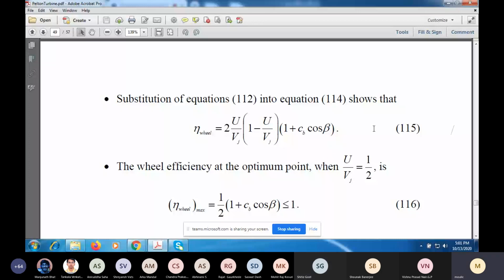The efficiency is 0 when u by Vj is 0 and when u by Vj is 1. So if I plot eta wheel versus u by Vj, it will increase from 0 and come back to 0. And there will be a peak at u by Vj equal to half. Okay, sir. So that is why I called it optimum point.